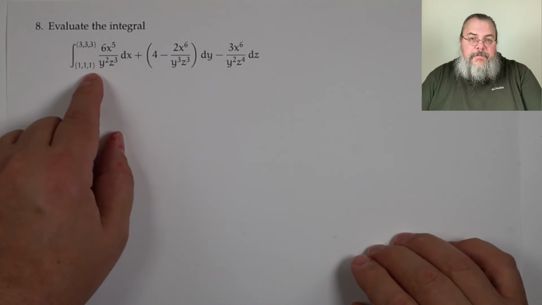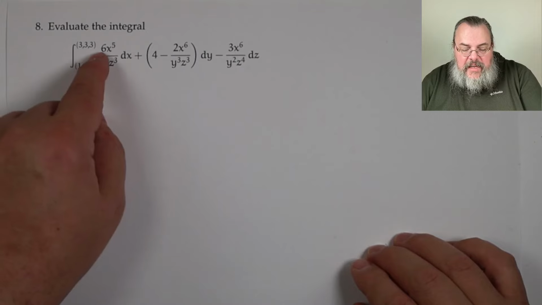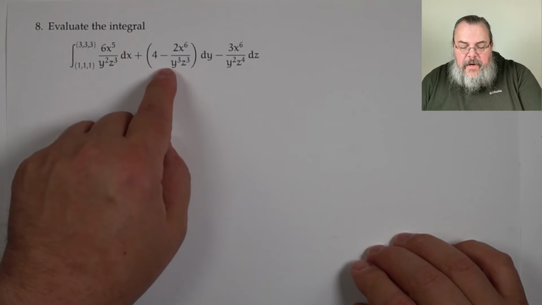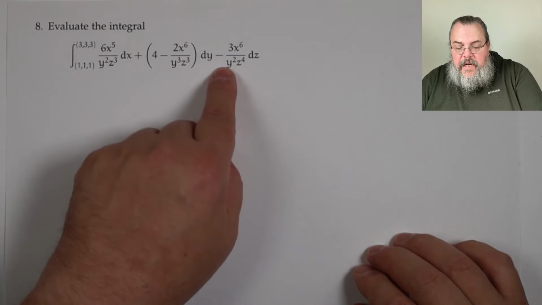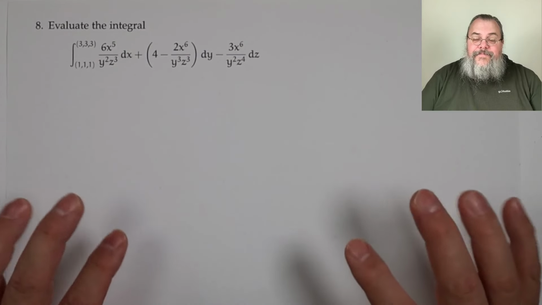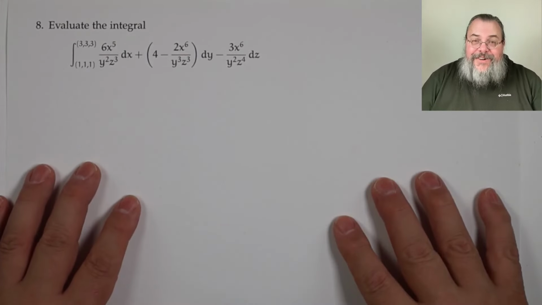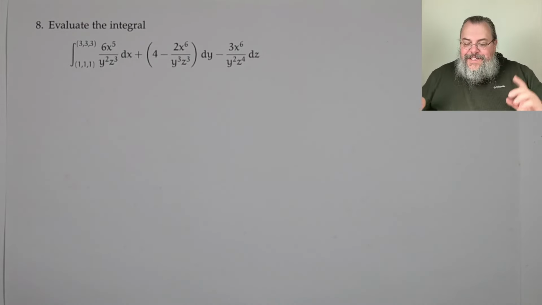So we're going from one point to another point. And we have 6x to the 5th y squared z cubed dx plus 4 minus 2x to the 6th over y cubed z cubed dy and minus 3x to the 6th over y squared z to the 4th dz. Notice we're supposed to evaluate the integral, and we're only given where we start and where we end.